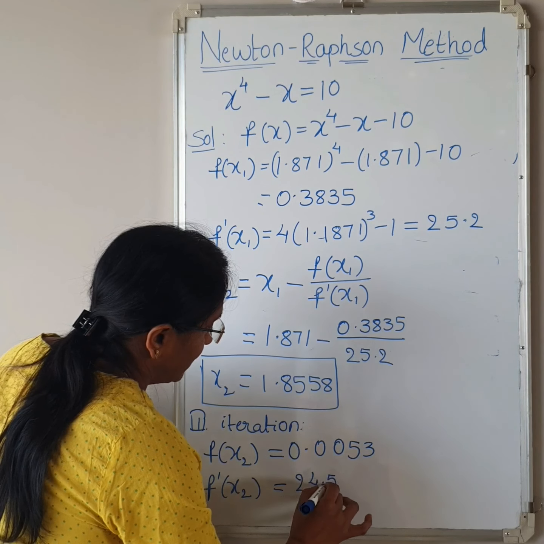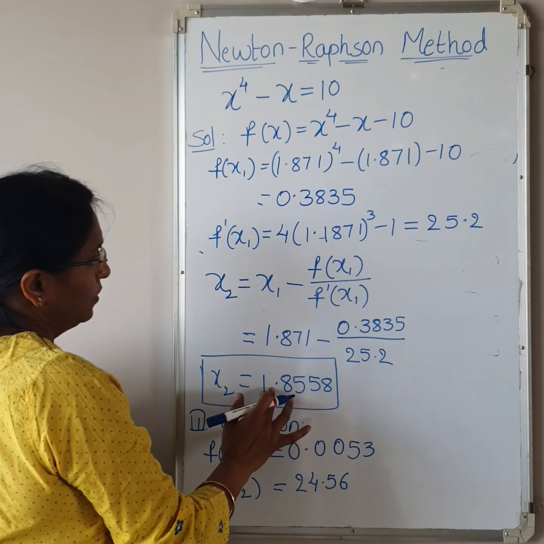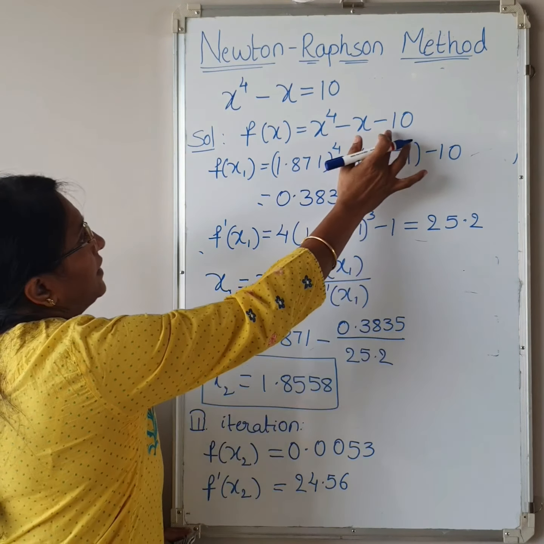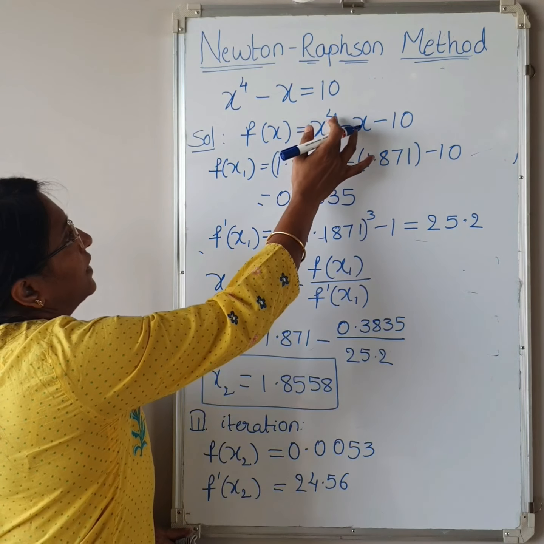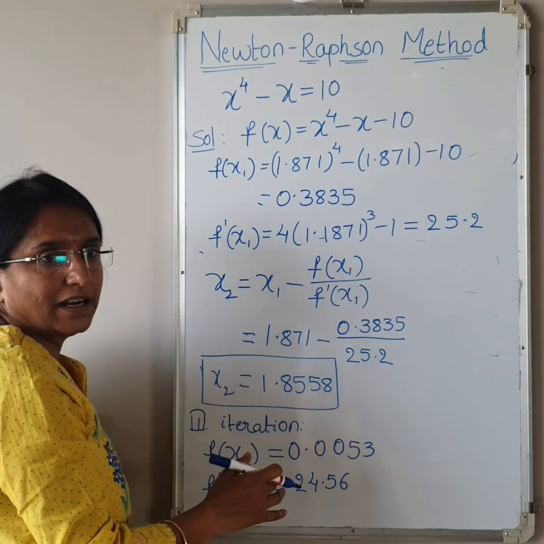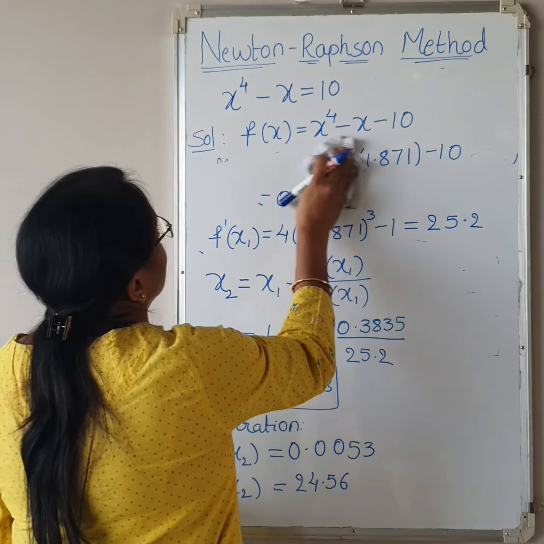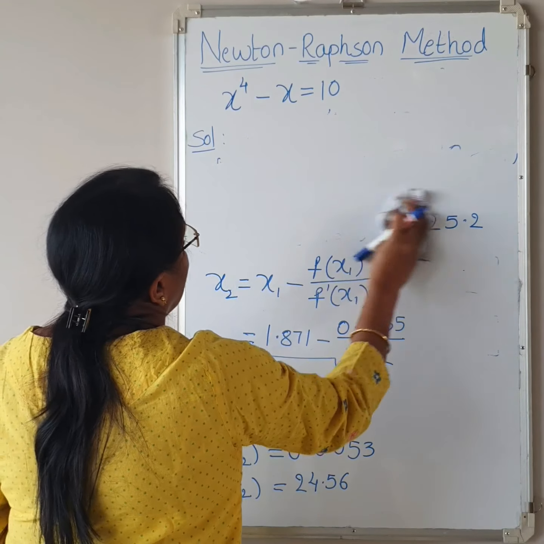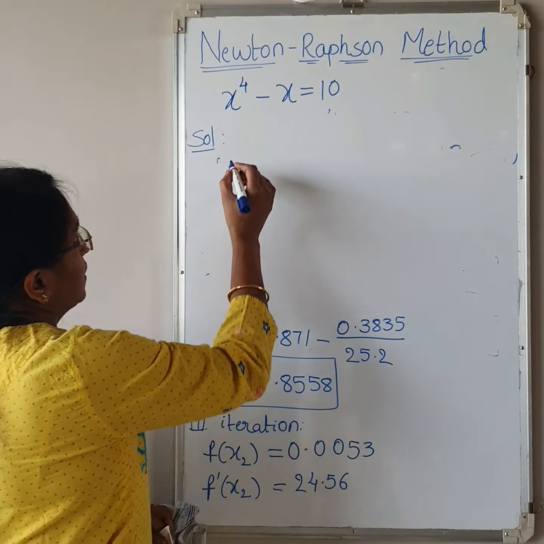You also calculate this. For f(x2), just substitute x equal to 1.8558 in this equation. For f dash x2, we found 4x cube minus 1; in that equation we can substitute, and you will get this.